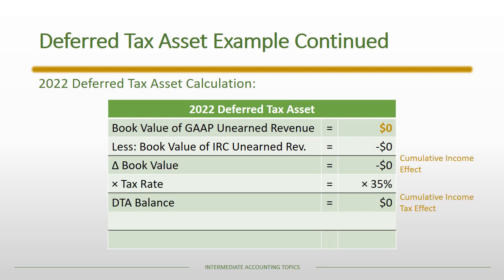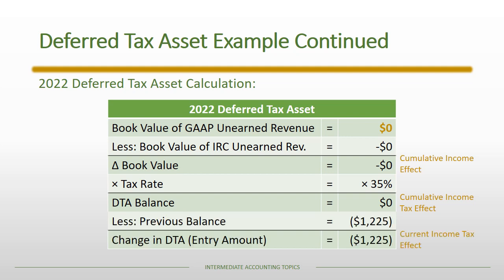So there is no difference in book value, which means there's no deferred tax asset balance, there's no difference in cumulative income, and there's no difference in the cumulative income tax effect. Now, there was a previous balance of $1,225, which means there is an entry to the deferred tax asset in 2022 for $1,225 as a reduction to the deferred tax asset.